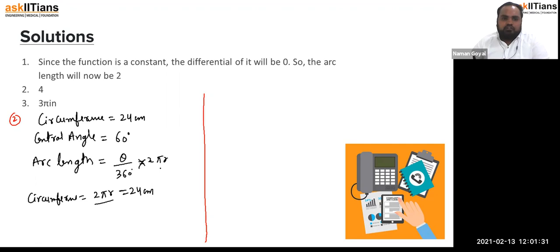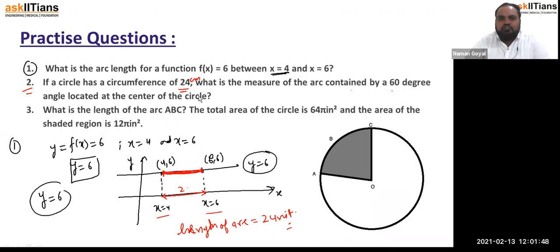Try to put the unit, if the unit is given in the question. For example, if in the question it is given 4 centimeter, 5 centimeter, then you have to put the unit correctly. And if the unit is not given, for example in this question the unit is not given for 24, I take 24 centimeter.